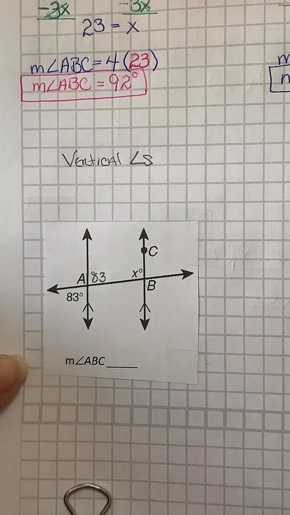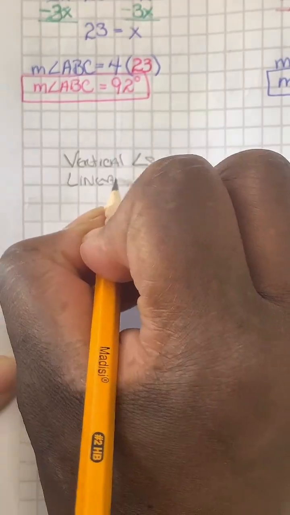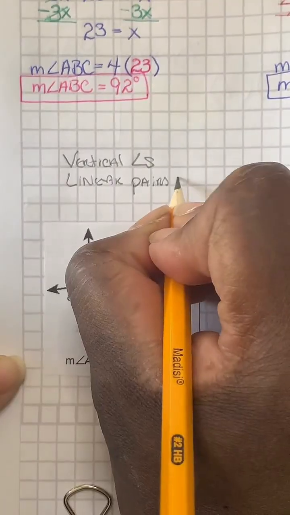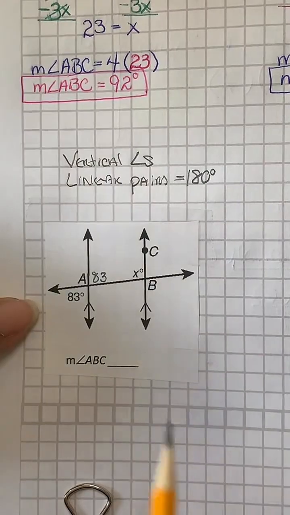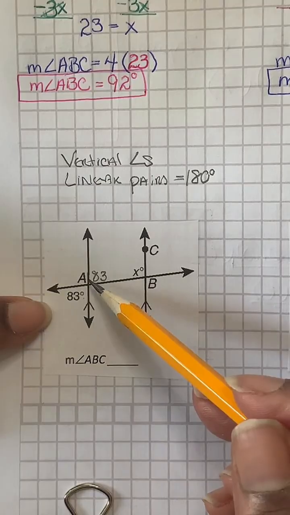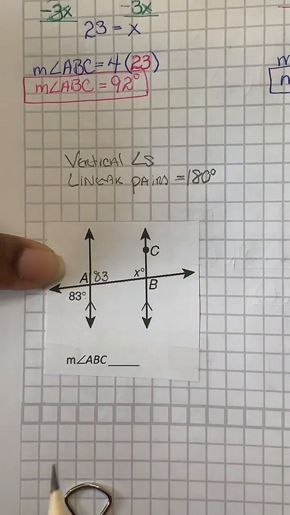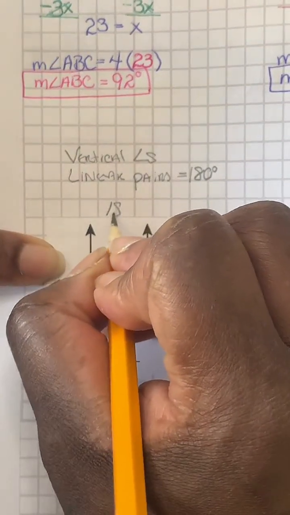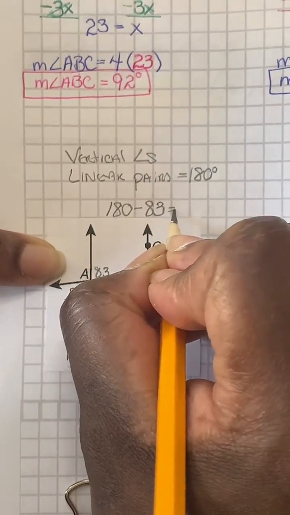Okay. We can do that. We could tackle something called linear pairs. And we know linear pairs will equal 180 degrees. So I think people were saying, let me take a look at A. I can find A. So if I want to find A, I can take my 180 minus my 83. Right?